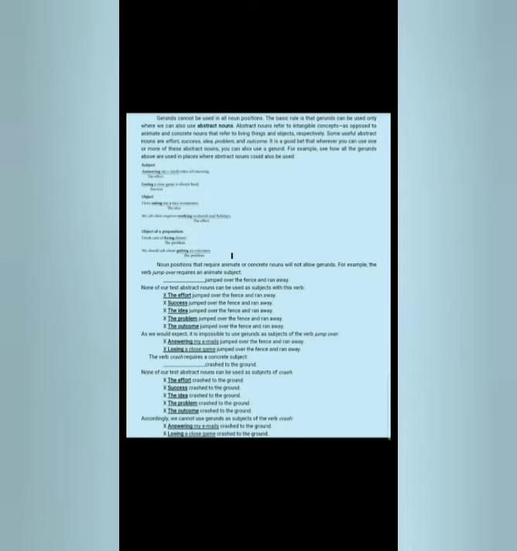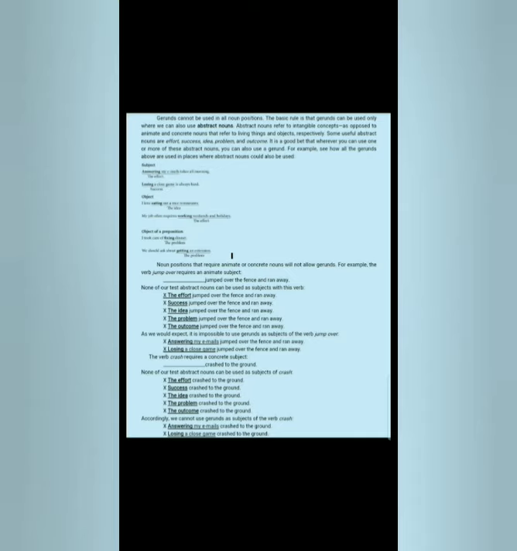It is a good bet that wherever you can use one or more of these abstract nouns, you can also use a gerund. For example, see how all the gerunds above are used in places where abstract nouns could also be used.